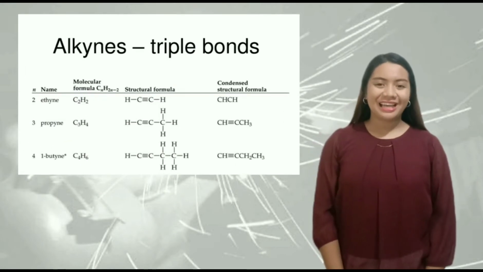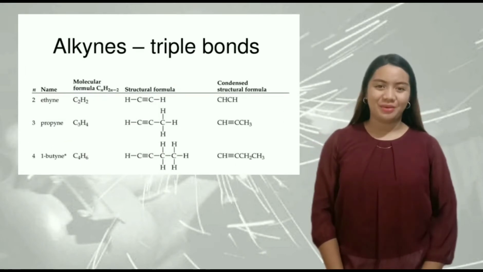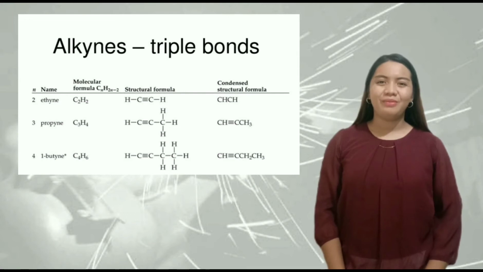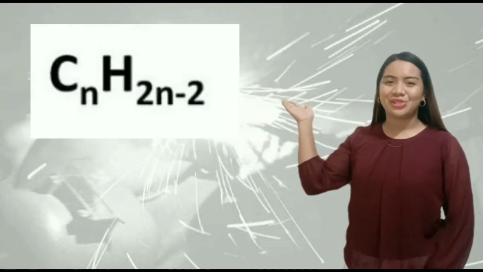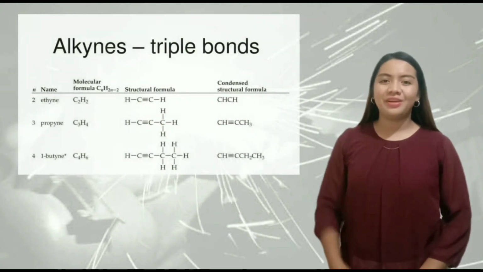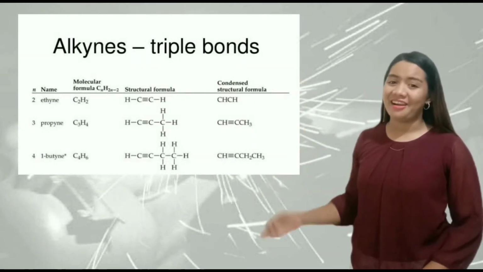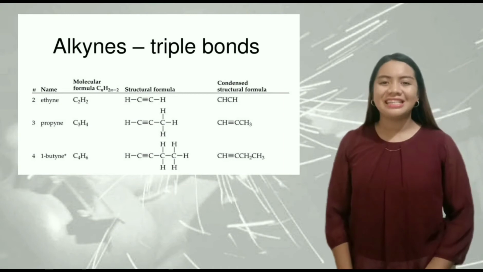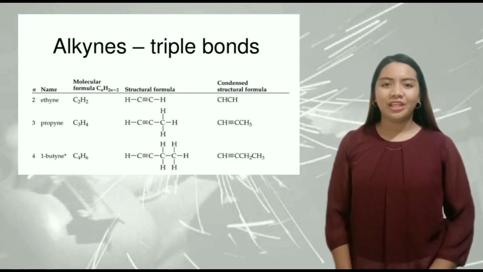We know that alkynes are unsaturated hydrocarbons having the general formula of CnH2n-2. By using the formula, we see the first three hydrocarbons that are alkynes. The first is ethine, having the molecular formula of C2H2, and this is the abbreviated or condensed formula.